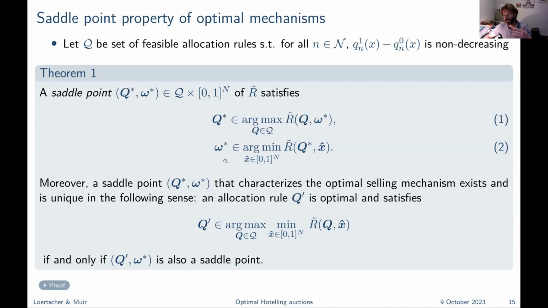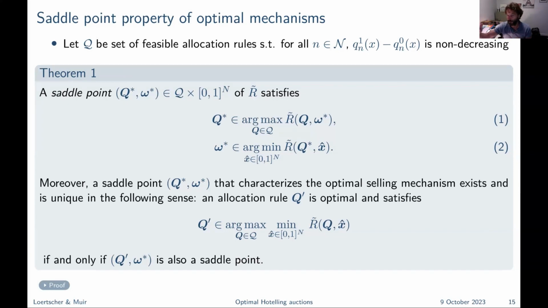Okay, so this is a property that you would also have in standard mechanism design problems such as an optimal auction, or an optimal procurement auction, or an optimal two-sided mechanism such as for a Myerson-Satterthwaite problem. There, the simplicity or tractability derives from the fact that a priori, simply by incentive compatibility and the envelope theorem, we know who's going to be the worst-off types, right? For the buyers, it would be the lowest possible type.